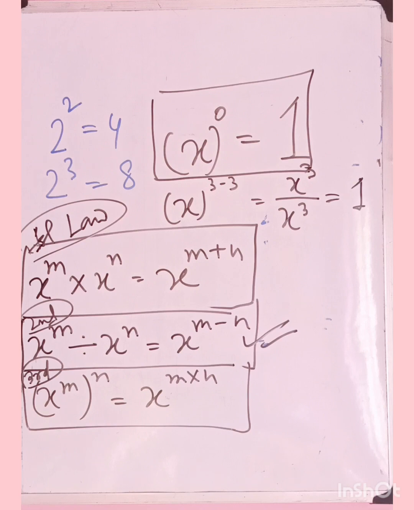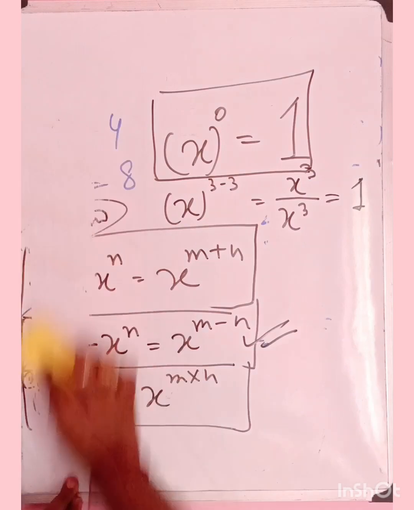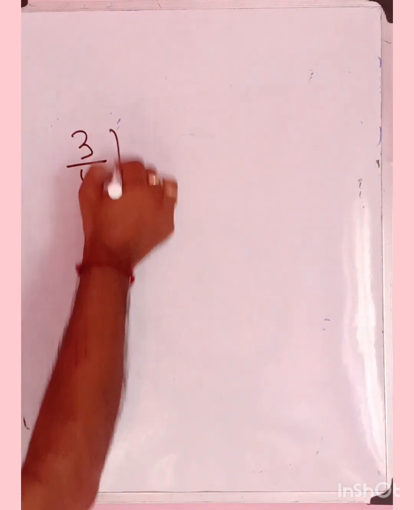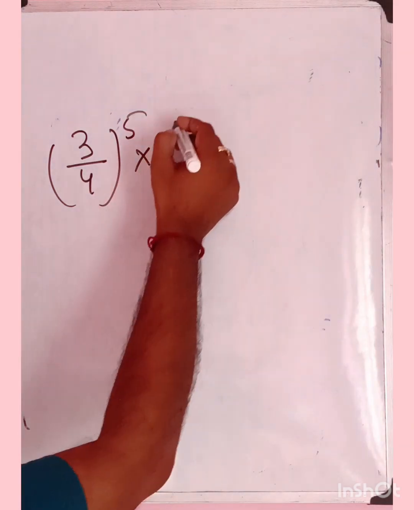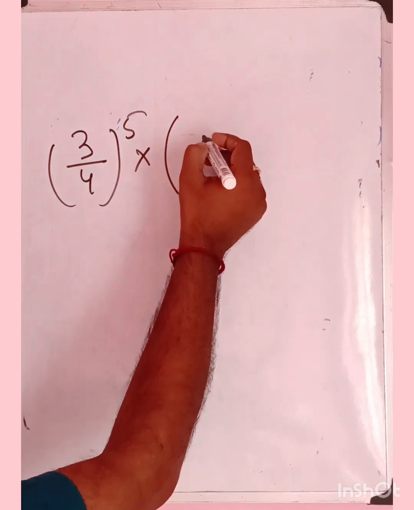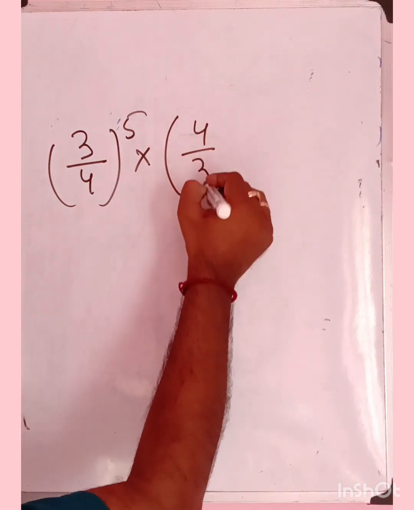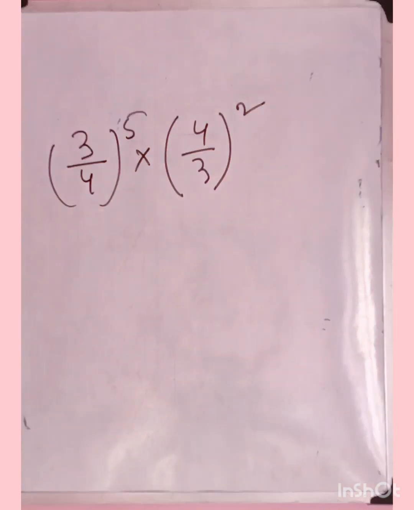Suppose (3 by 4) to the power 5 into (4 by 3) to the power 2.